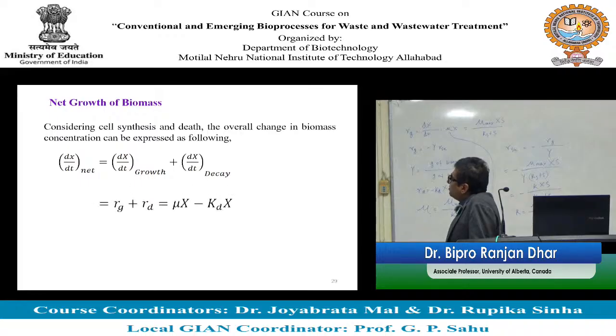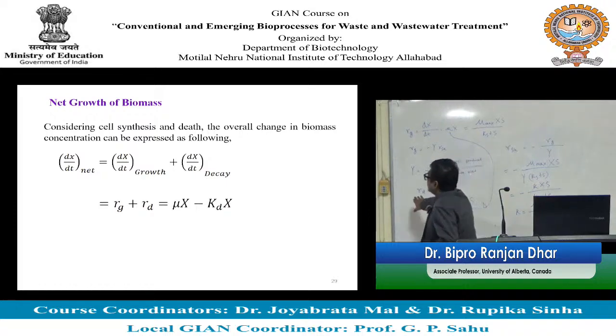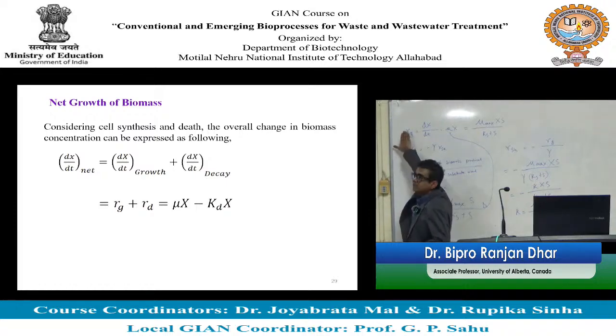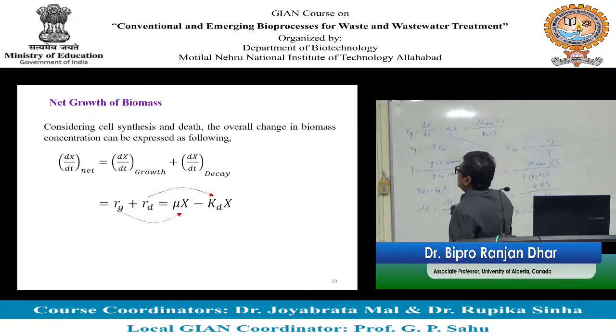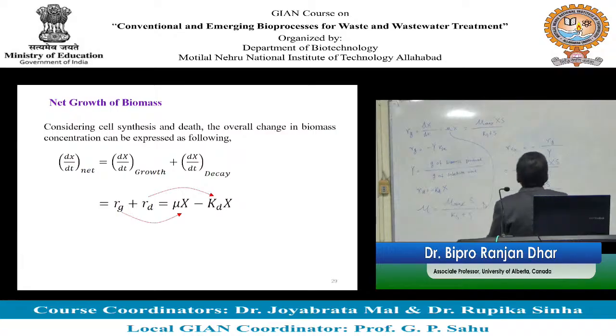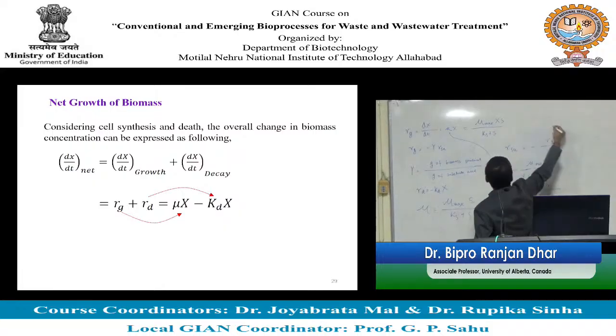So Rg plus Rd, and we already have the equation mu max, and we have the equation minus kd x, right? So we can replace this equation with these two equations. So now net growth is going to be, I think the board is going to be full.